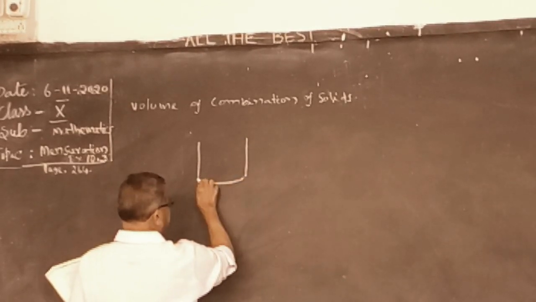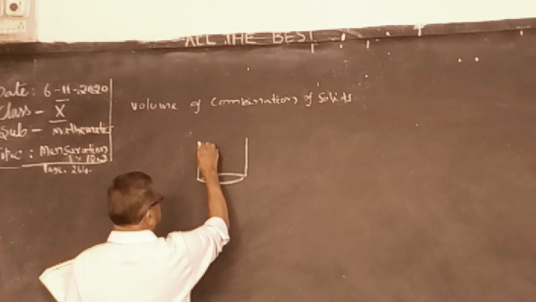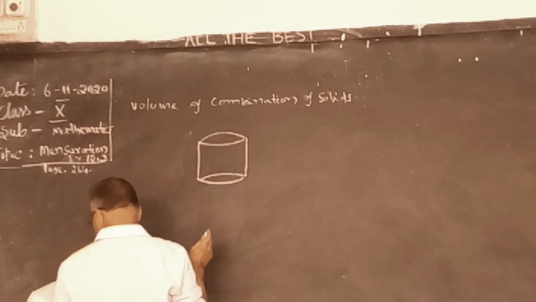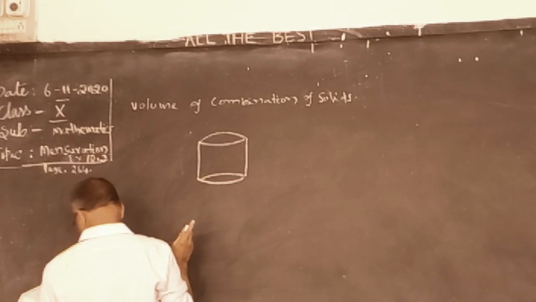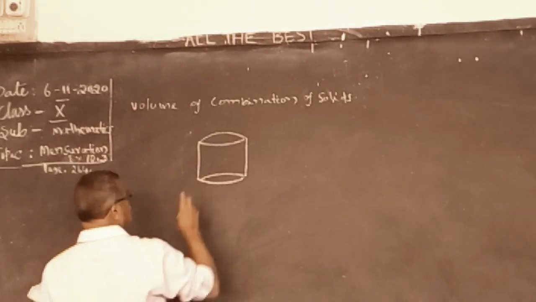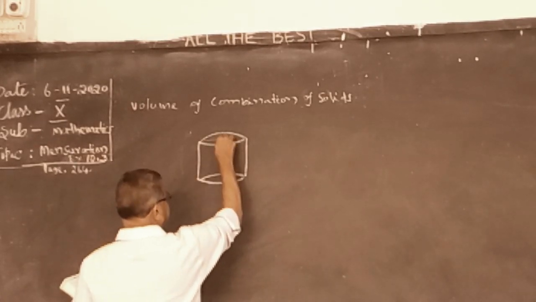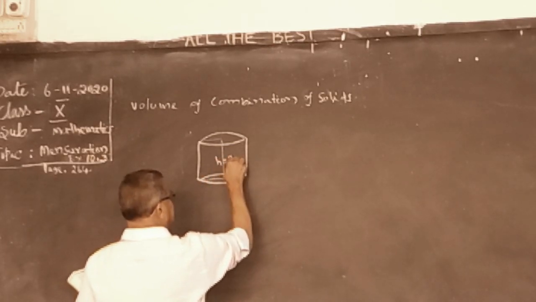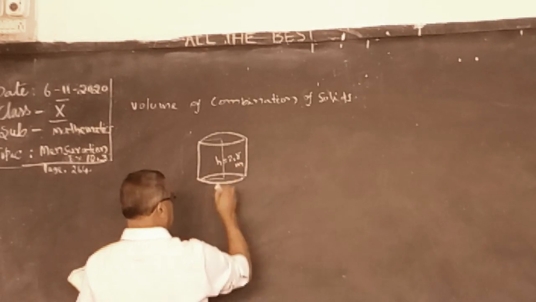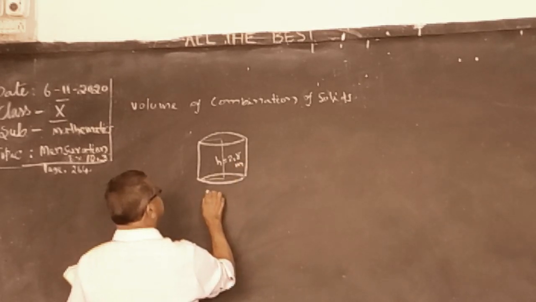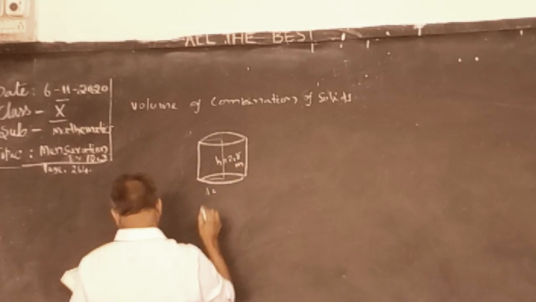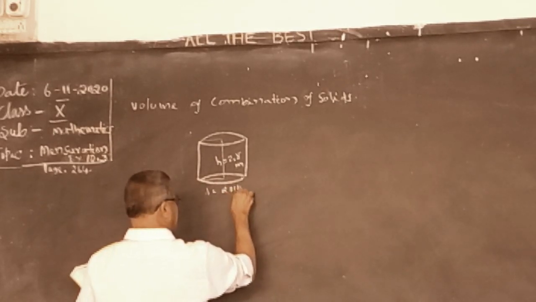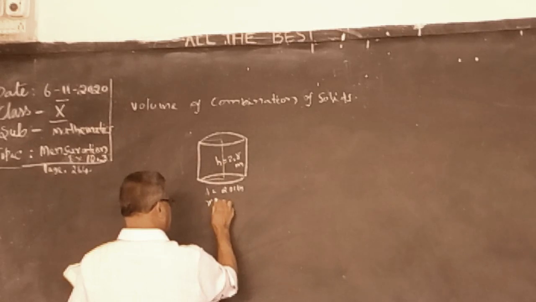Diameter given 20 centimeter, height given 2.8 meters, and the R is equal to B given 20 centimeter and R is 10 centimeter.